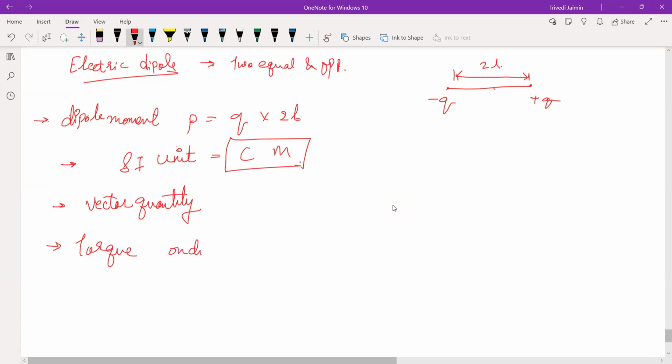Torque on a dipole will be tau equals force into distance into sin theta. This is the distance, this is the force.